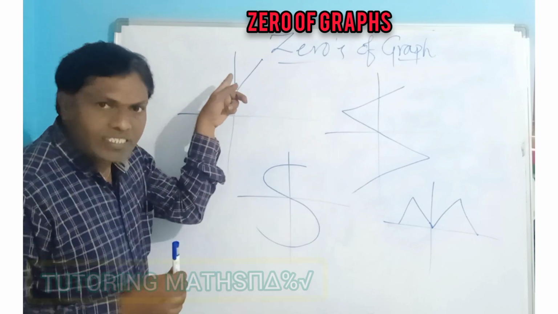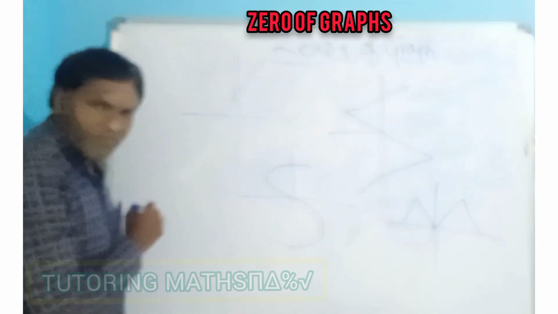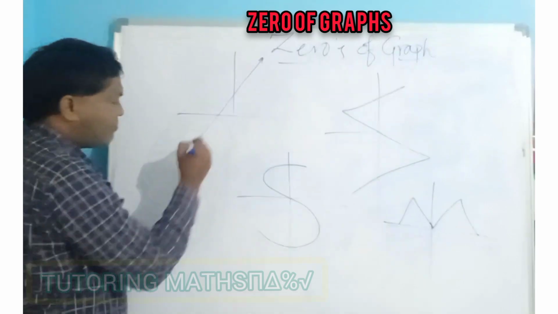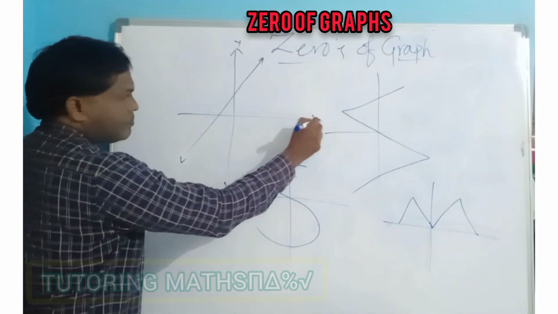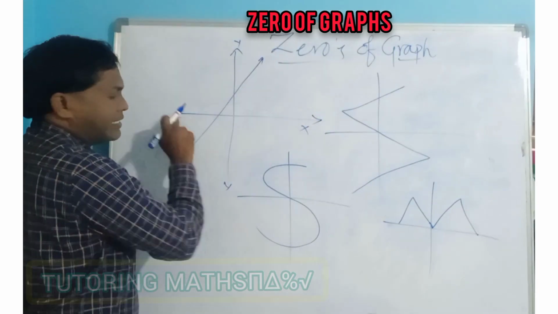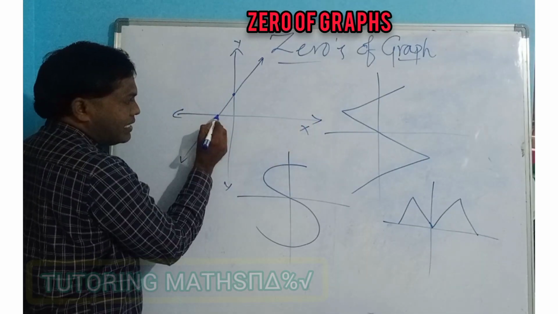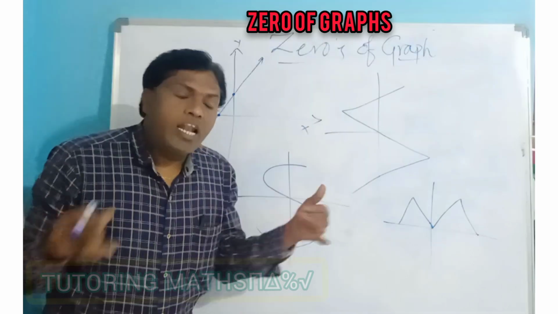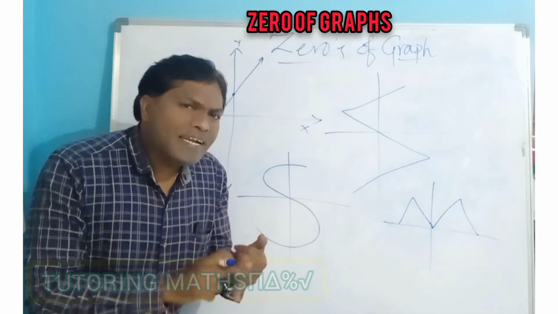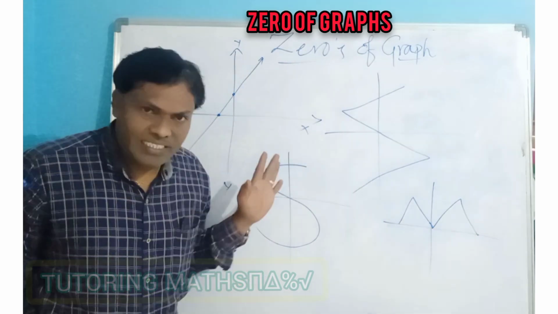Okay, let's take the first case. In this first case, this is a graph. This graph is intersecting the y-axis and also the x-axis. The y-axis at this place and the x-axis at this place. But don't mind about the y-axis. Now tell me, how many times is that graph intersecting the x-axis? That's all I want.